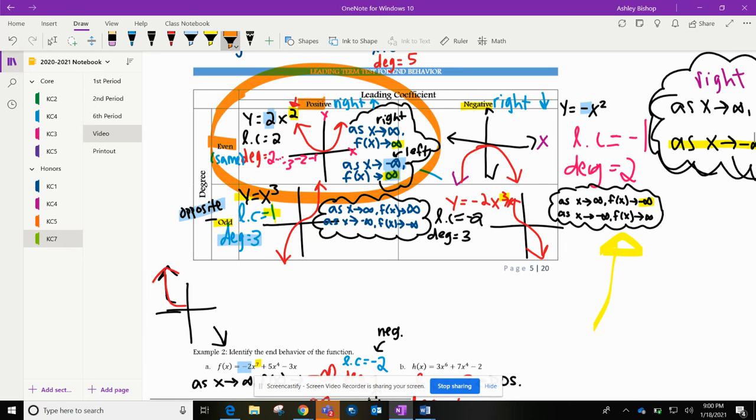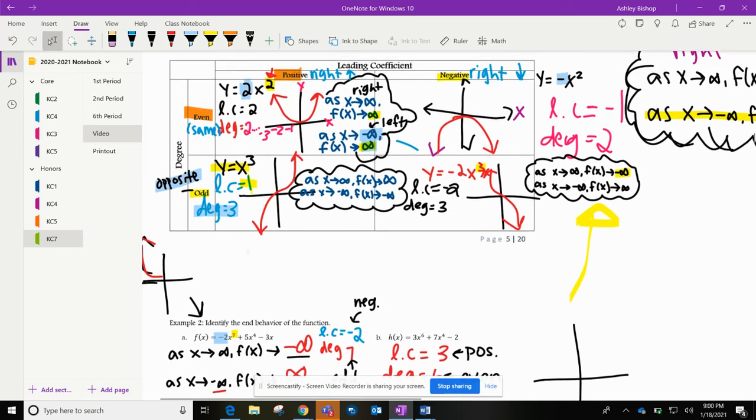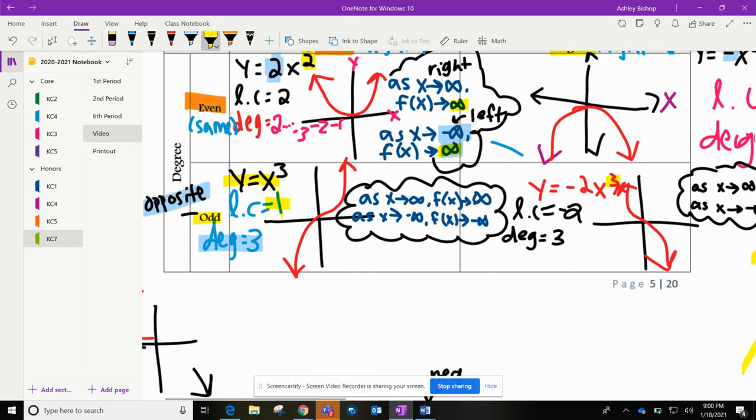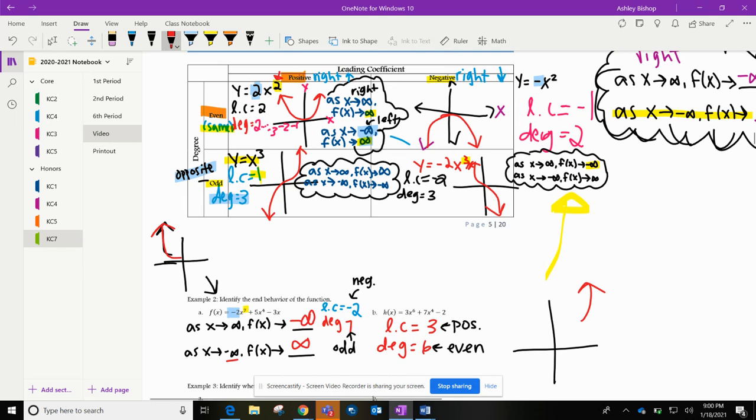So that means that I know that my graph, since my leading coefficient is positive, my right end is going to go up. I'm not sure what it looks like in the middle. And then since my degree is even, that means the ends are going to look the same, so my left side is also going to go up.